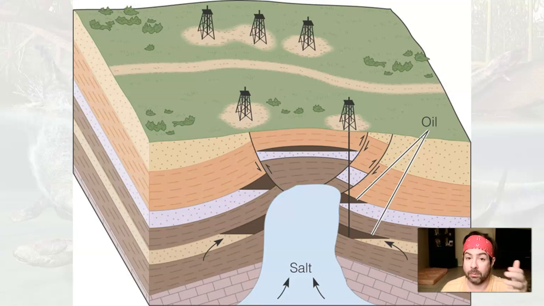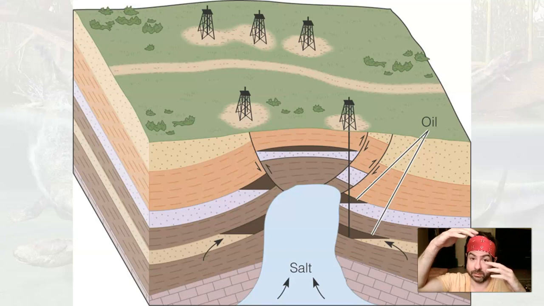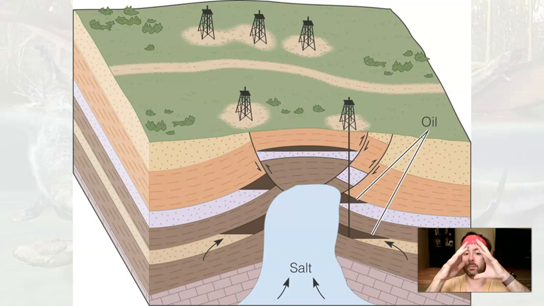So when you heat up air in a hot air balloon, it's less dense. It wants to rise in comparison to the more dense surrounding cooler air. The same thing here. You get this less dense salt layer that wants to rise up, and if it can make its way through some cracks, through some faults, and any way that it can, it will start to dome up and create these salt domes.